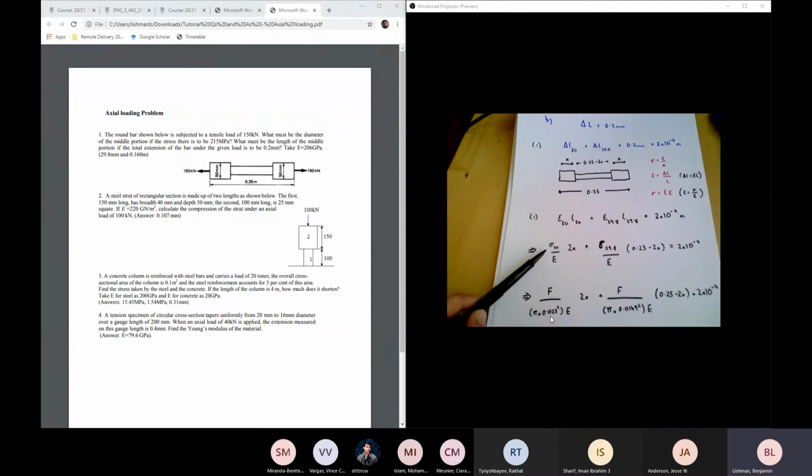Strain is stress divided by Young's modulus. That's okay. I guess my feeling is these numbers here are somehow too big. Looks like the problem, because I kind of want what's on the left-hand side here to balance what's on the right-hand side.